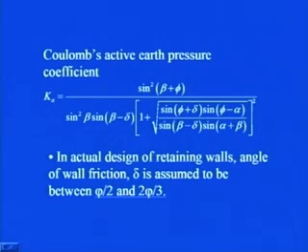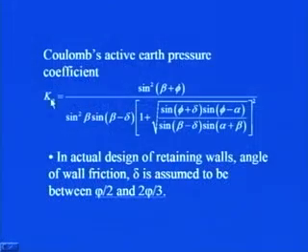Now, you see although Ka is the coefficient of active earth pressure, how you can determine it here is a little bit different from Rankine's analysis, because Rankine's takes care of the inclination of the back face of the wall plus angle of wall friction and all other phi and beta aspects.